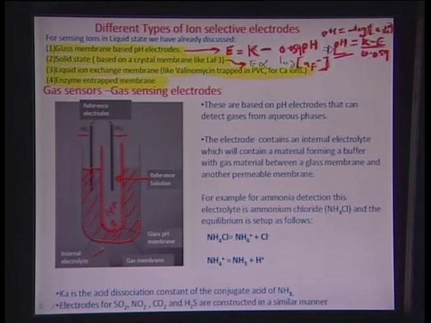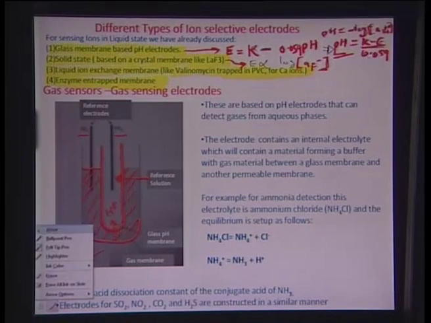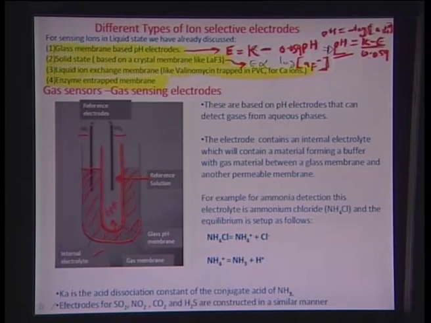So, essentially you are trying to detect the change in pH, and how that is related to the analyte of interest is reflected here below in the following area of the slide. So, essentially these are based on pH measurement, and they can detect gases from aqueous phases.